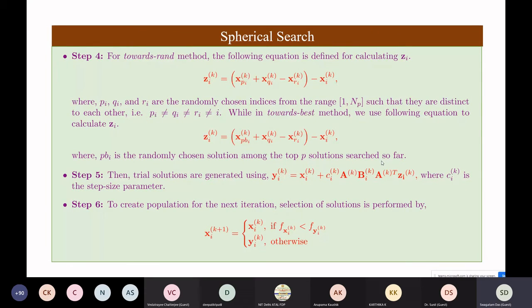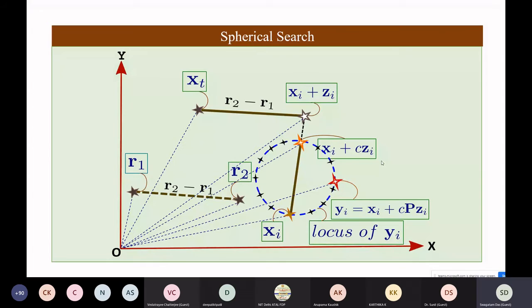For the minimization problem, we see if f of xi is less than f of yi. If it is, then we select xi as our x_i^(k+1), the new solution, or else we select yi. Okay? So this is the simple mechanism of spherical search.